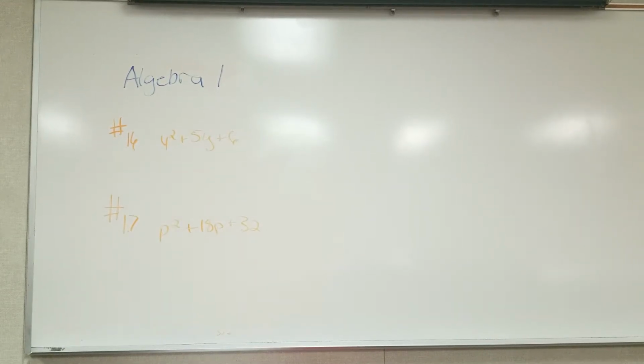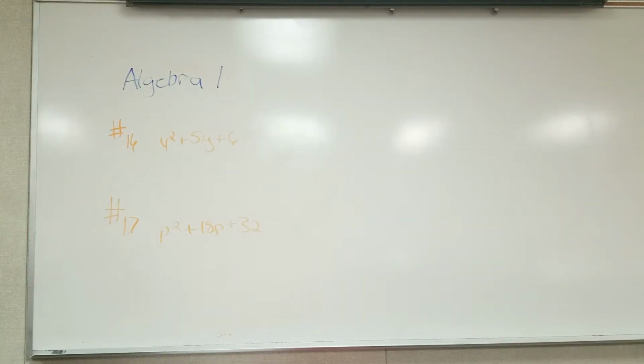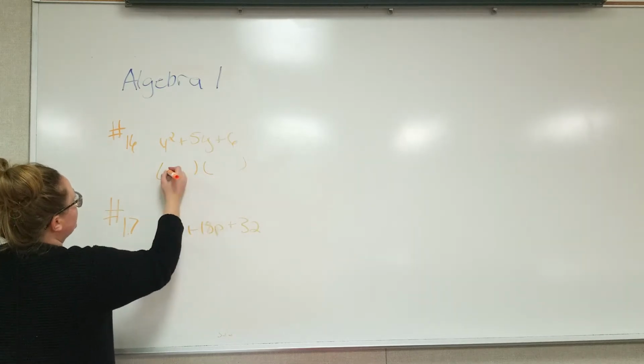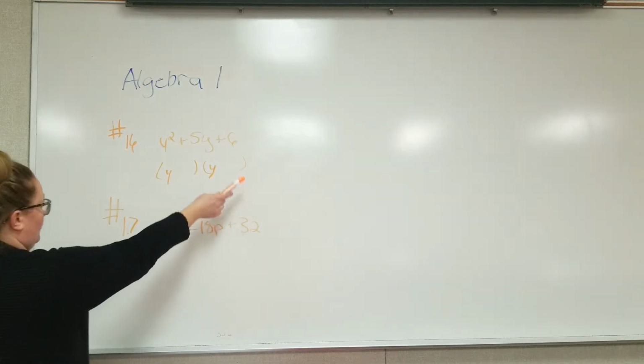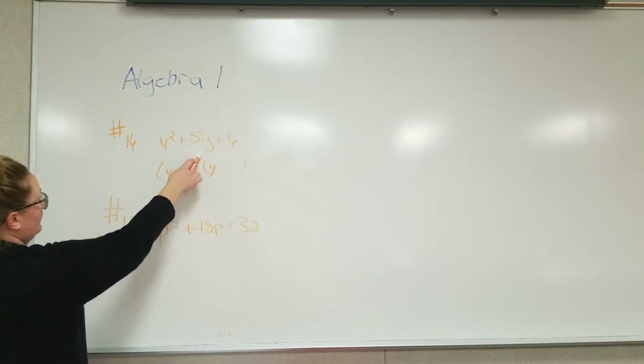All right, number 16, we get to the fun stuff, the factoring. 16 and 17 are actually more simple because they don't have a coefficient on your first term. When you don't have a coefficient on your first term, you don't have to worry about its factors, because the factors of y squared are always going to be just y and y. So we take our factors of the last number and see which of them are going to add or subtract to make the middle number.